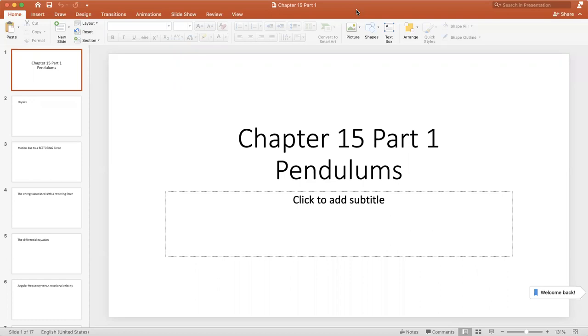An oscillating system is a system whose motion repeats with some periodicity, meaning in some finite time, the system's motion repeats every so often. We're going to study pendulums first because they're easier, and then we'll move on to other systems.